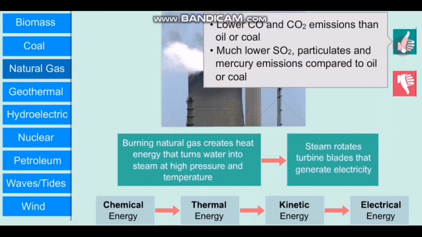So the pros of this type of power plant: it emits lower carbon monoxide and carbon dioxide compared to oil or coal. Second, it emits much lower sulfur dioxide gas, particulates, and mercury compared to oil or coal.